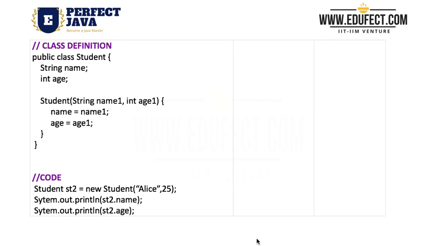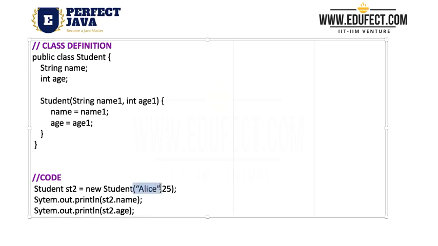Let us look at one more example. Here we are saying student st2 is equal to new student Alice, 25. So what are the parameters? Alice and 25. So name1 parameter would be Alice, age1 would be 25. Hence name for this object st2 will get the value Alice and age will get the value 25.